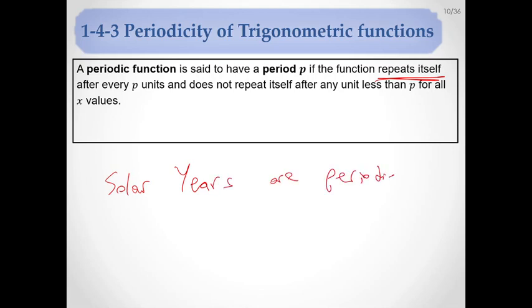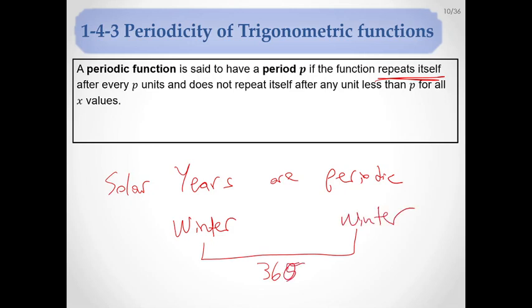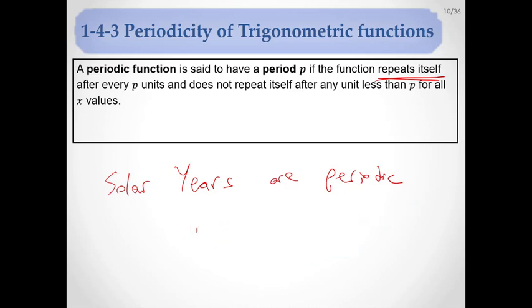It means like winter starts, and about 365 days later we get winter again, with slight differences, but we can call them periodic. Something periodic means it repeats itself.